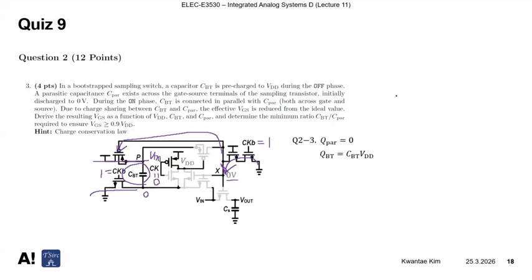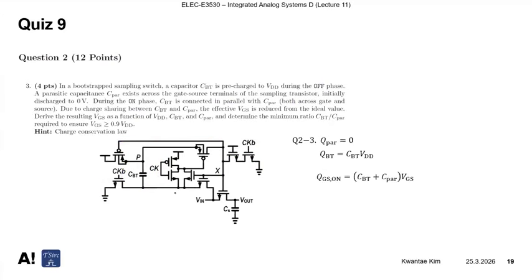And during the on phase, CBT is connected in parallel with C parasitic here. So it is now connected to here. This is how it looks. And the bottom plate is connected to the input voltage. So this is the situation where it goes in parallel with the parasitic cap.